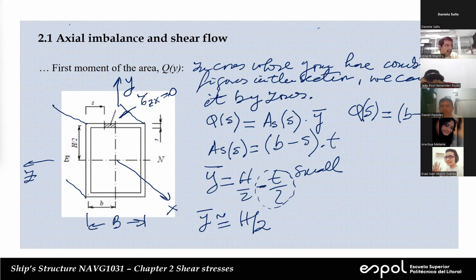Start it here and consider the whole thing here. So we have to be careful. In this case, we are saying that S goes from here until here, so S has values between 0 and little b.